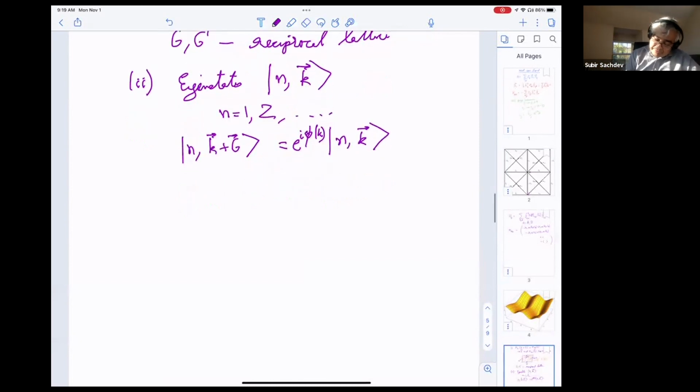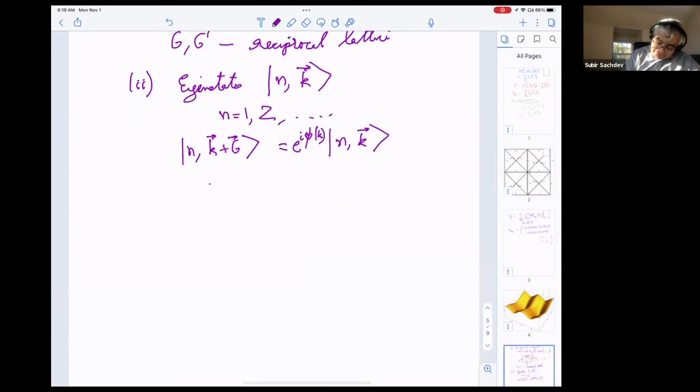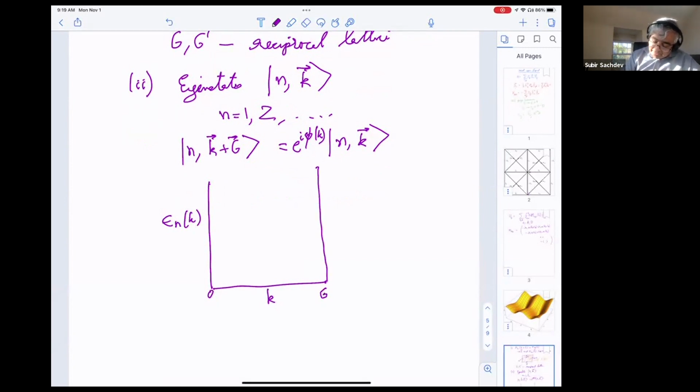Oh yeah, I was going to draw a picture. One important assumption here is that there's some eigenenergies En of k as a function of k. Let's start from 0, and let's say this is G. I'm just drawing a one-dimensional section. And you have some band structure. You can have any shape you want. It comes back to the same point, and here's another band.